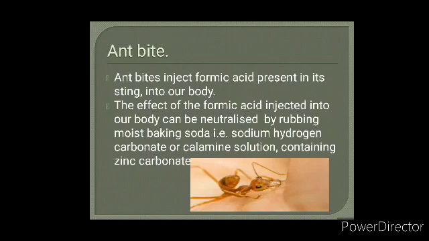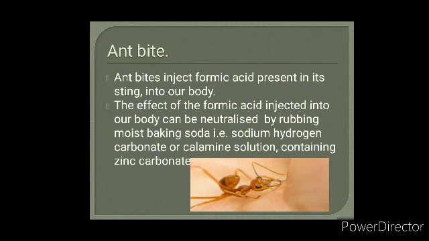That's why to neutralize the effect, we rub moist baking soda, which contains sodium hydrogen carbonate, or calamine solution, which contains zinc carbonate. Baking soda is a base and calamine solution, which contains zinc carbonate, is also a base.